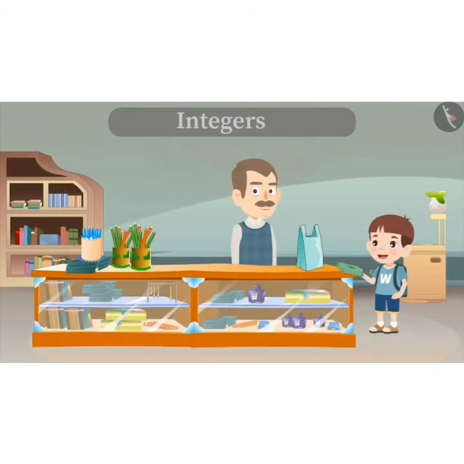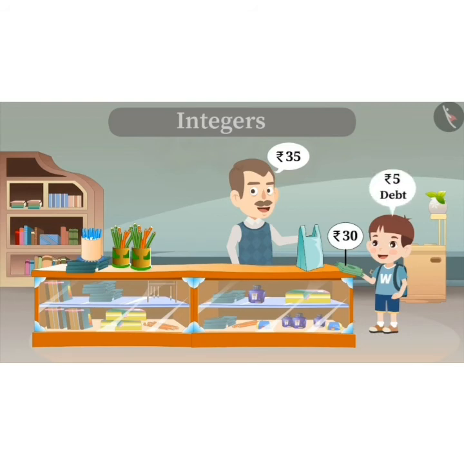Now let's suppose Harsh came to a shop with rupees 30, but he bought things for rupees 35. He pays the shopkeeper rupees 30 and keeps a debt of rupees 5. How do you think the shopkeeper will make a note of this? Any ideas? Think about it.